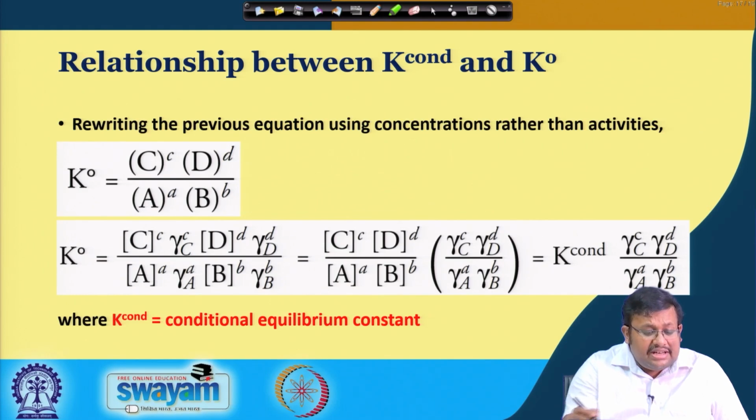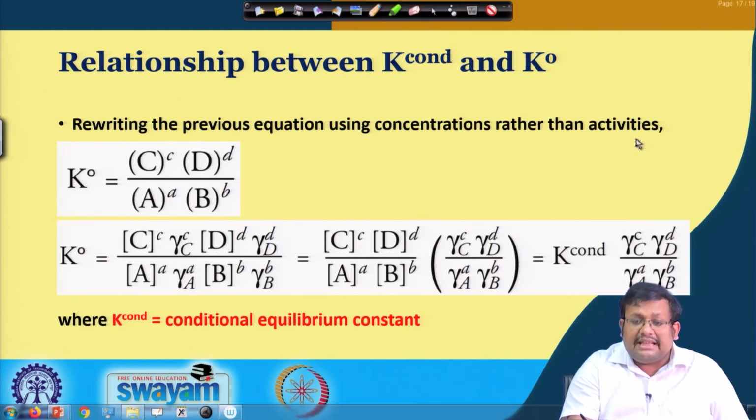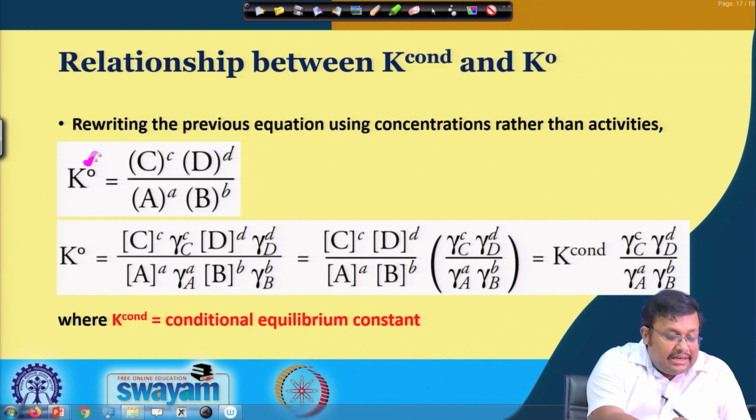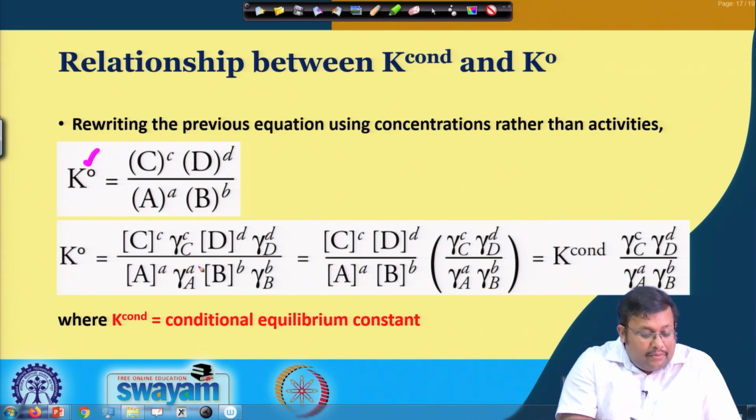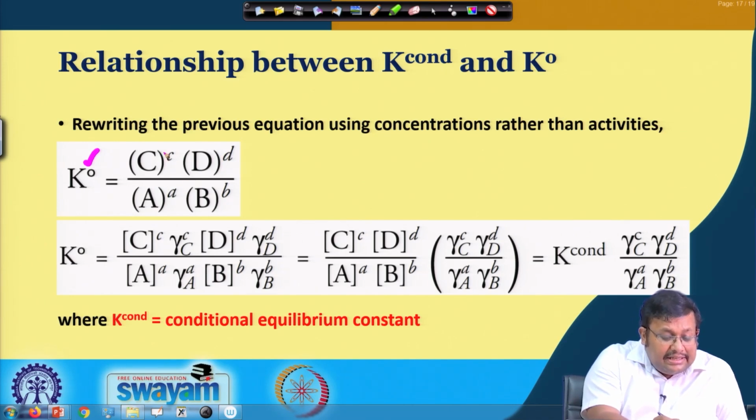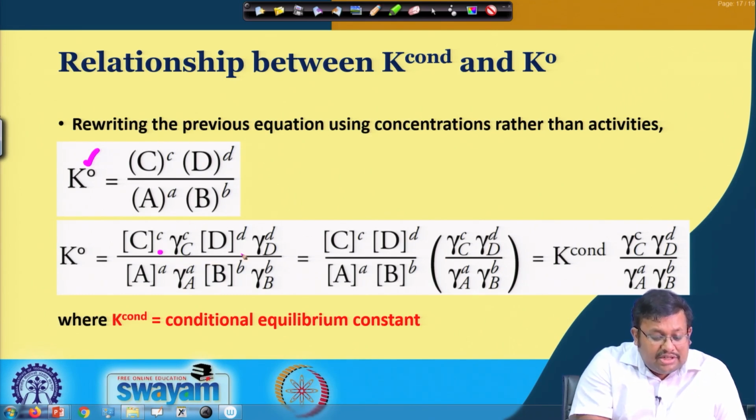Rewriting the previous equation using concentration rather than activities, we know this is the equation. We can rewrite it in terms of activity, expressing each as the multiplication of concentration and activity coefficient.